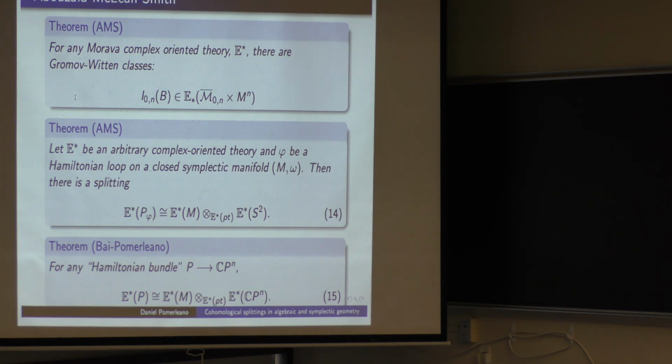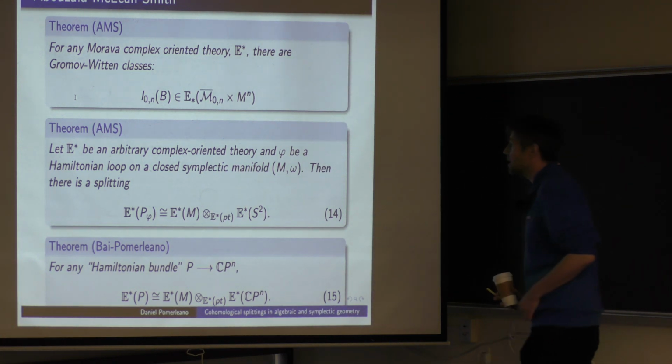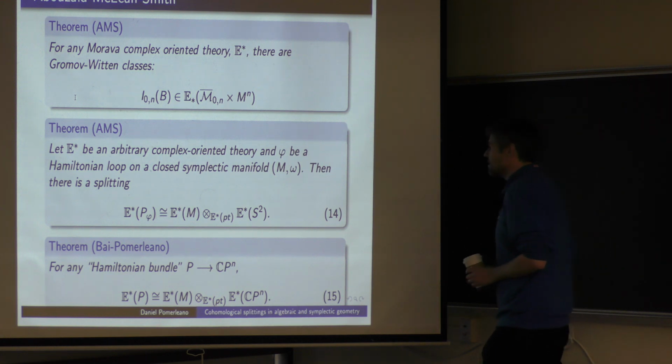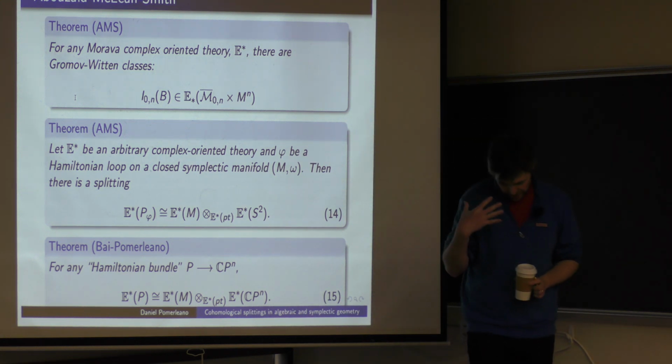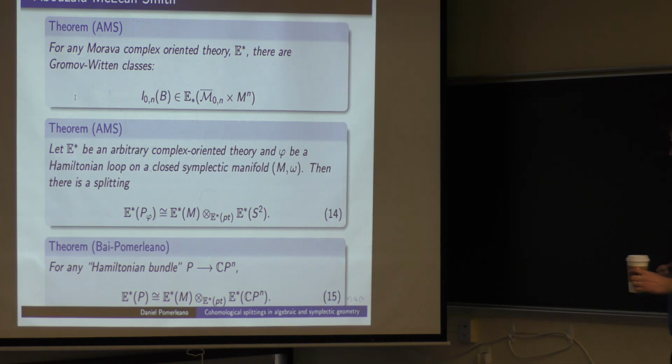And that allows you basically to define Gromov-Witten classes in that, plus some other good understanding of the moduli spaces, allows you to define Morava classes.